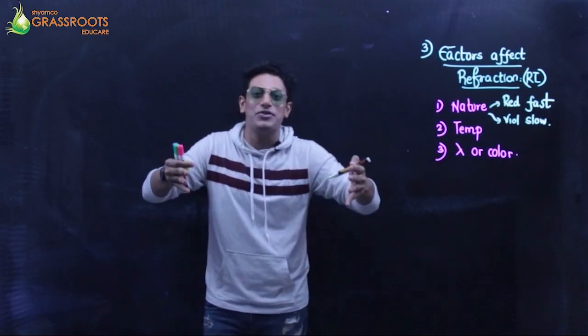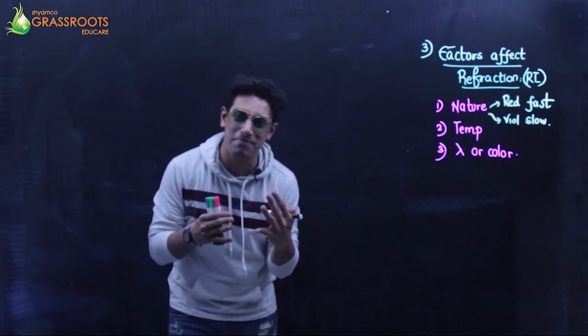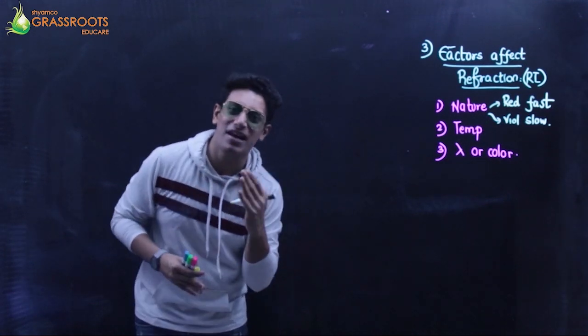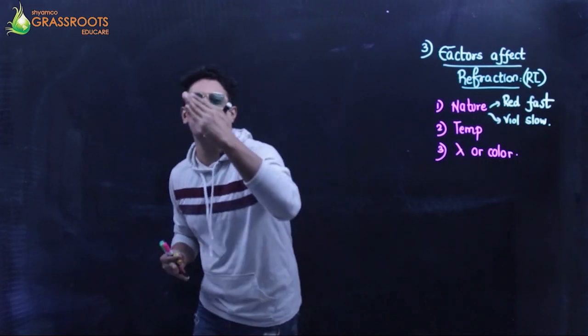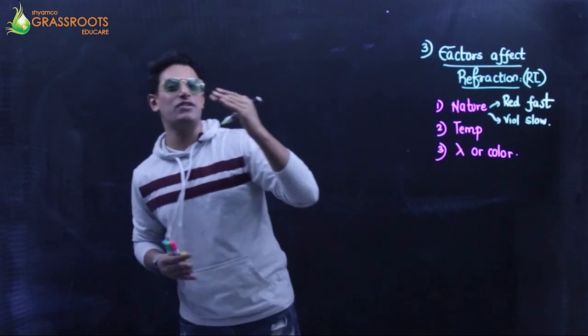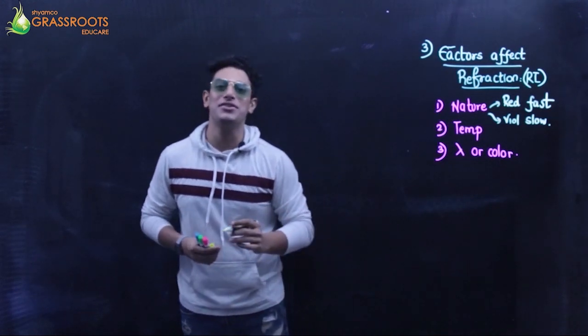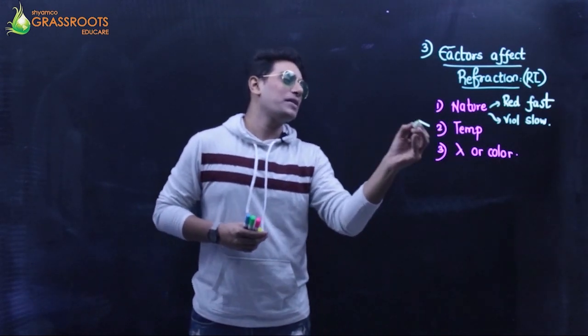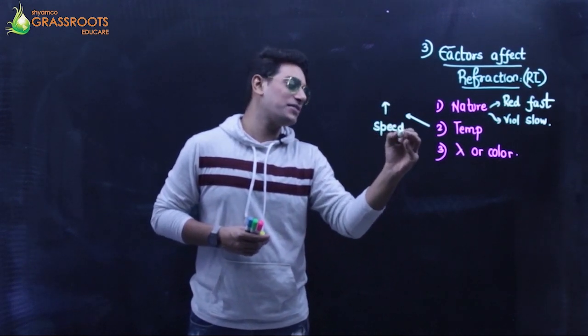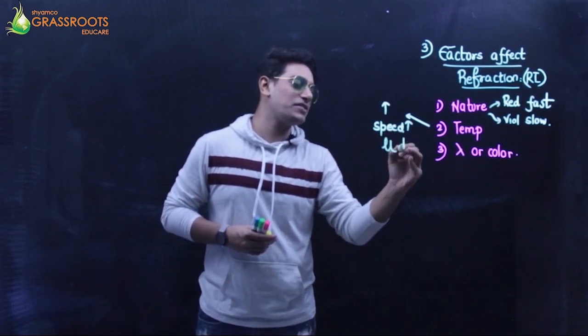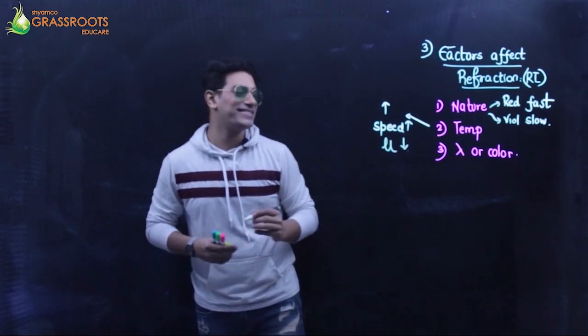The area has increased. The space has been made because the particles are running, so they are away from each other. So can I say the speed increases? And if the speed increases, the refractive index decreases. So can I say temperature increases, speed increases, and if speed increases, the refractive index decreases.